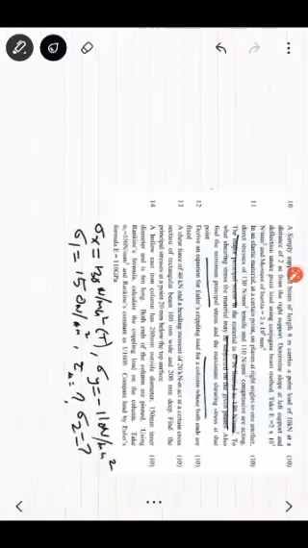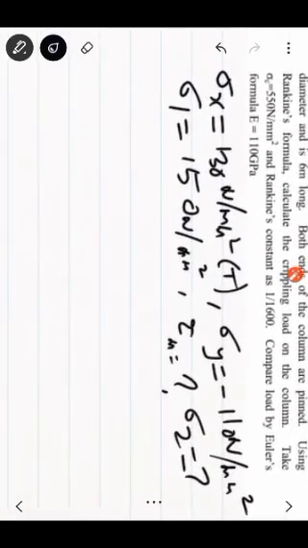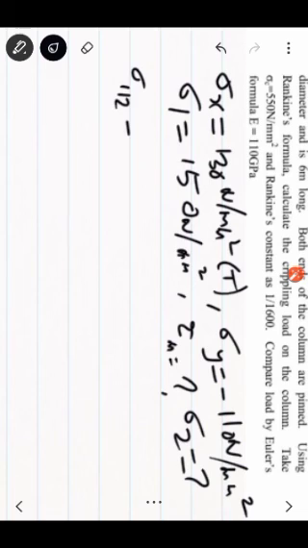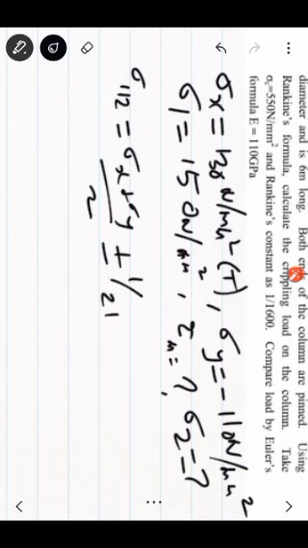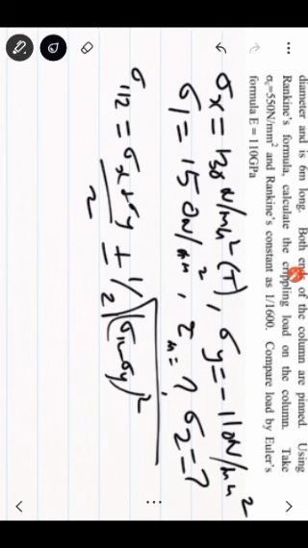What is sigma 1? Just write it in the formula. Sigma 1, 2 is equal to sigma x plus sigma y by 2, plus or minus half the square root of sigma x minus sigma y the whole square plus 4 tau xy square.